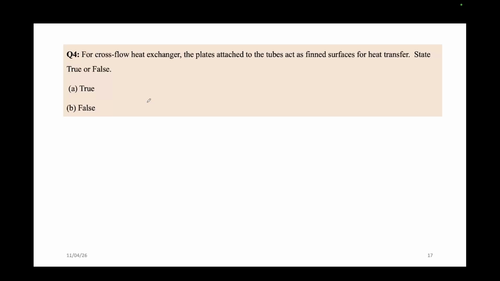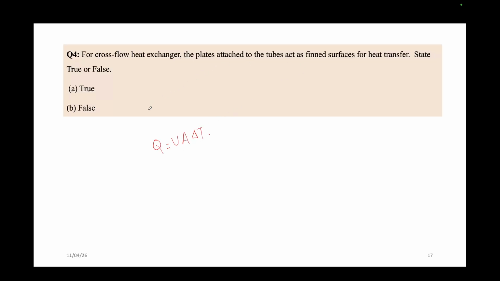Now this question. Why? So based on which principle is it working? Actually, it is working on this principle Q equal to UA delta T, right?